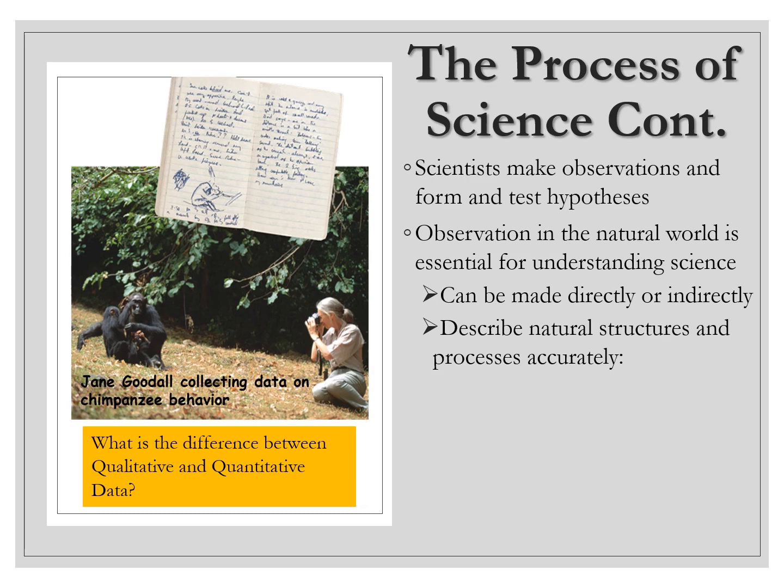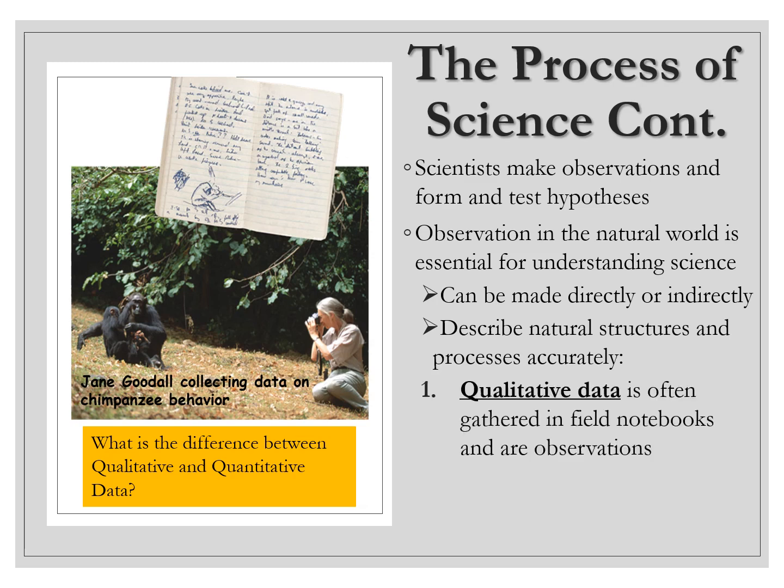Okay, and so how do we describe the natural structures and processes accurately? So when you're making these observations, how are you describing them, right? So you have some sort of data, right? And qualitative data is often what you are gathering as observations. Okay, so they might be notes in a book, right? Such as an example of Jane Goodall, and she went out and observed chimpanzees' behavior, and she was able to take lots and lots of notes when she was observing their behavior.